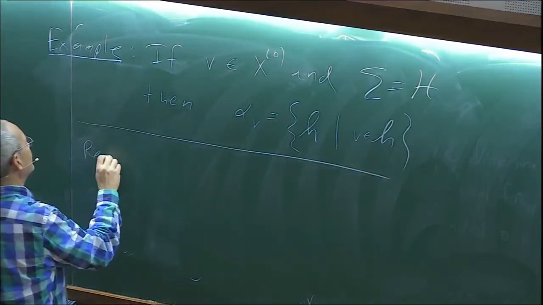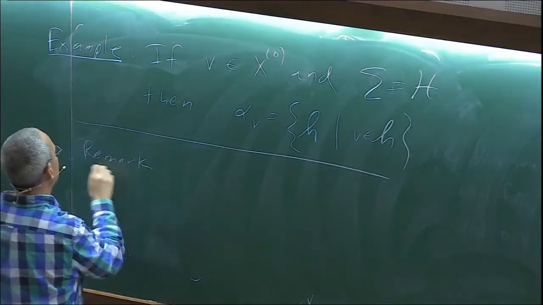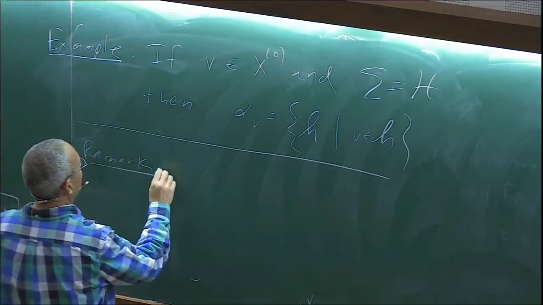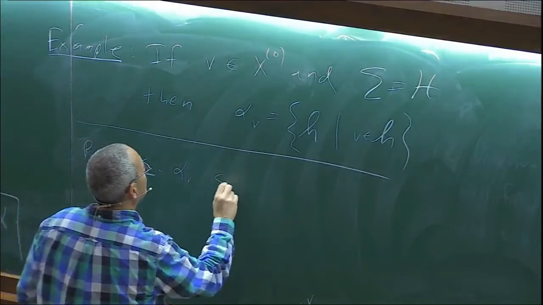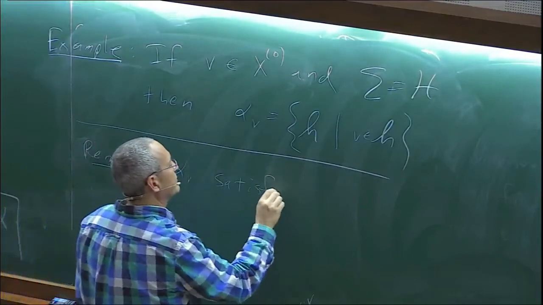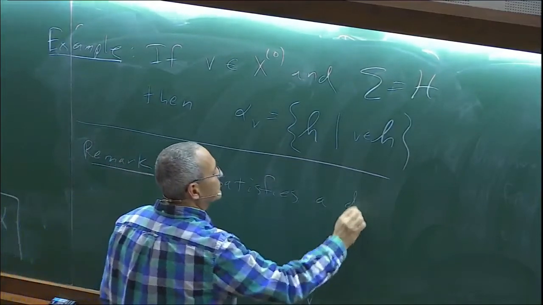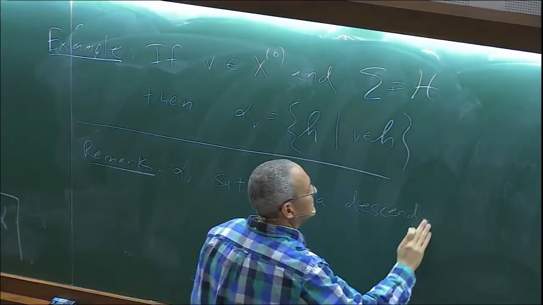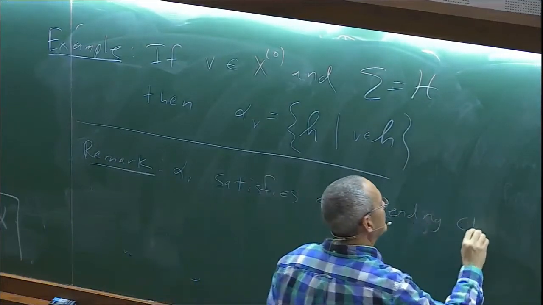Okay, so a remark here is that in this case, alpha V satisfies a descending chain condition.